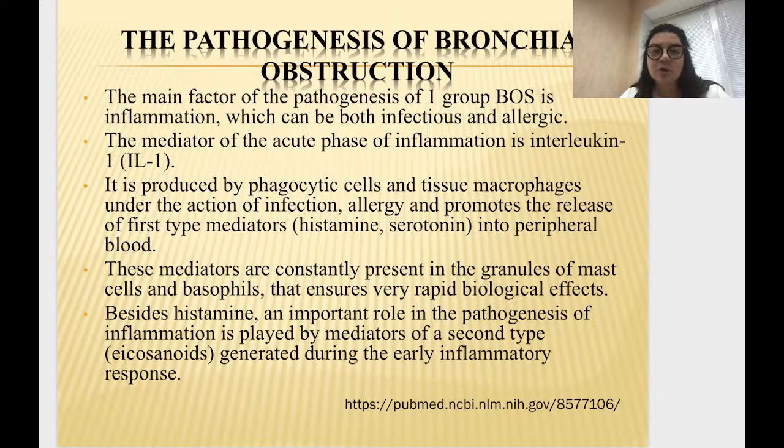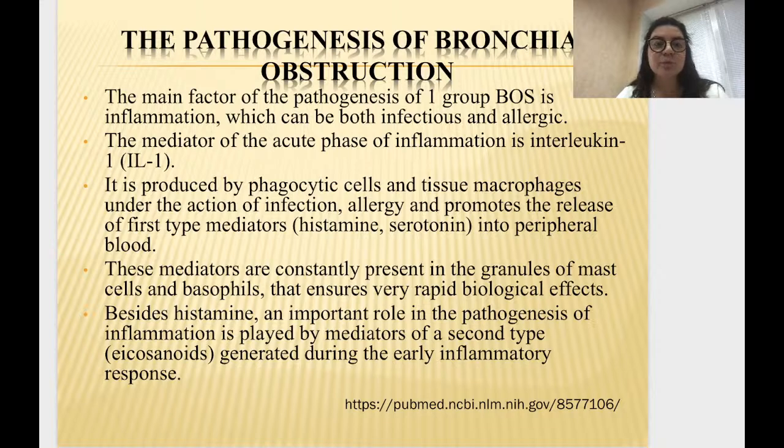The main factor in the pathogenesis of the first, reversible group is inflammation, which can be both infectious and allergic, 2 types of inflammation or even their combination. The mediator of the acute phase of inflammation is interleukin-1.